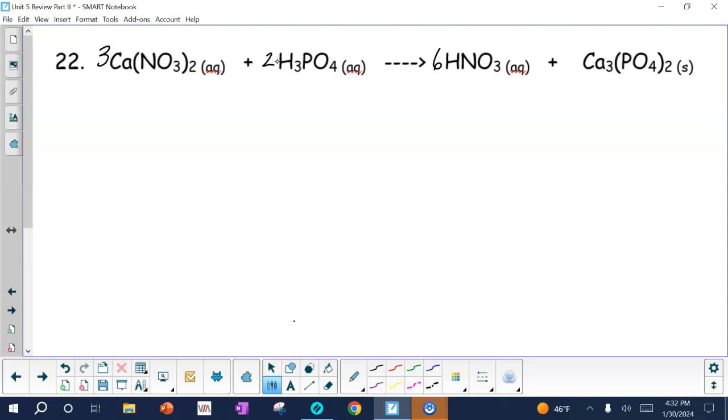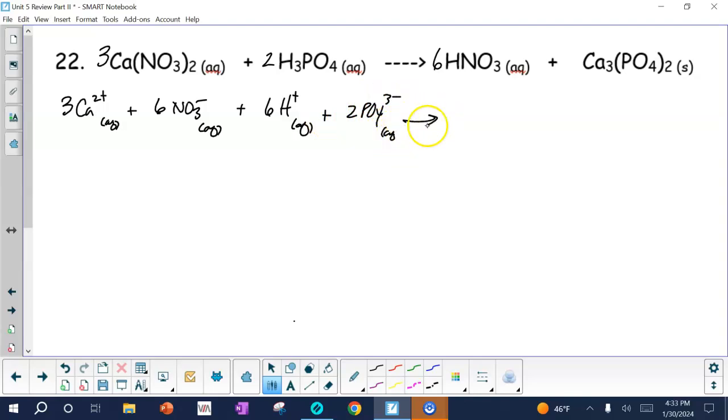Okay, complete ionic. We have 3 calciums, each at a 2 plus. We have a total of 6 nitrates, because the 3 times the 2, there's 6 nitrates at 1 minus. 6 hydrogens that are each a 1 plus. 2 phosphates that are 3 minus.